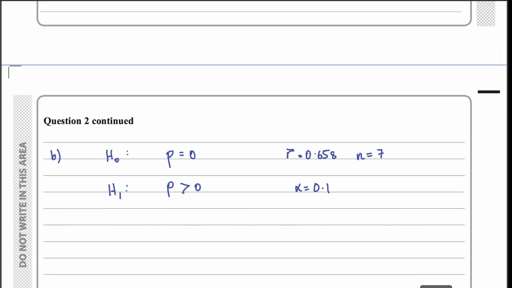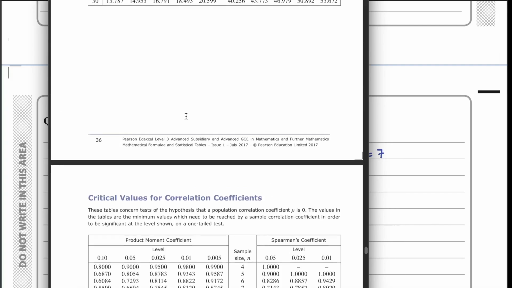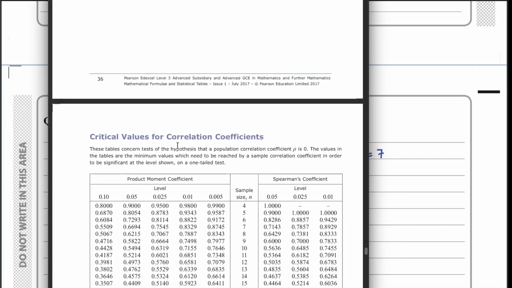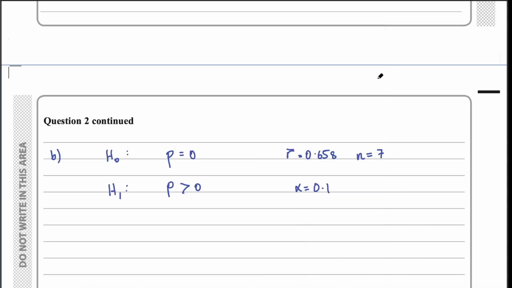You need to look up in the table of values for the correlation coefficients, and we're looking at the product moment coefficient. You'll get this table in the exam. This is in the formula booklet, in the tables at the back of the booklet, and we have a sample size of 7 here, and we're testing at the 10% significance level. So go from 7 across to 10, and we get a critical value of 0.5509.